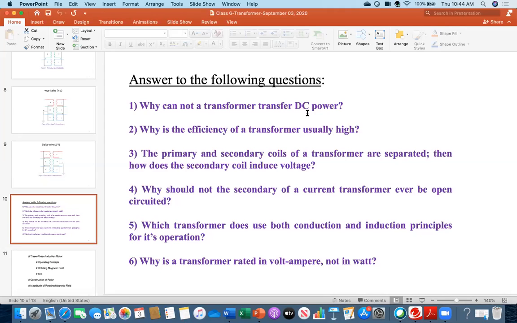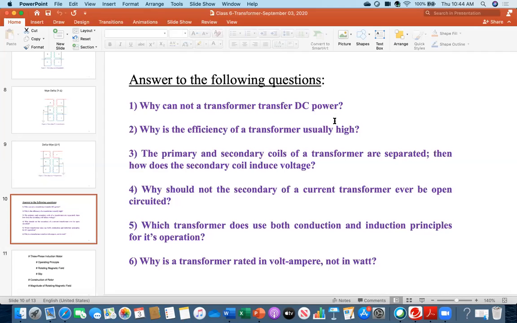That is not time varying. Consequently, that DC flux can't induce any voltage on the secondary. And then on one hand, it can't generate voltage on the secondary side.